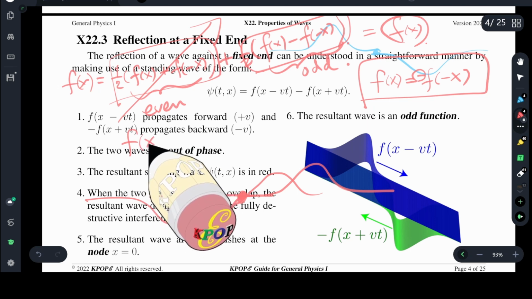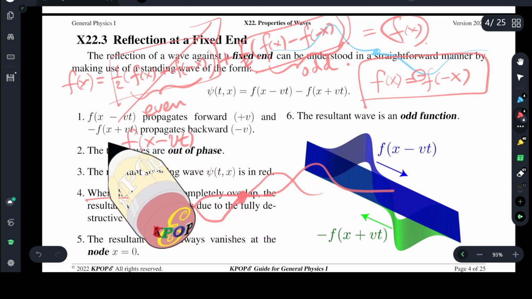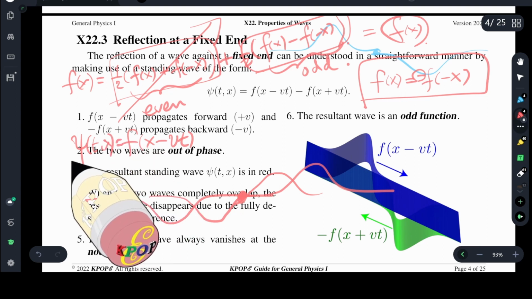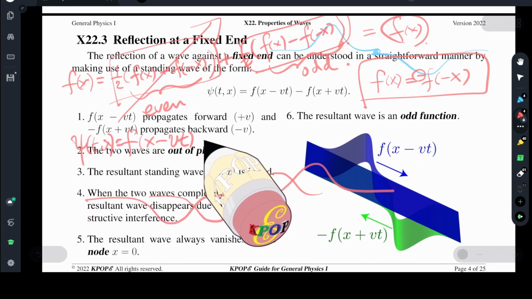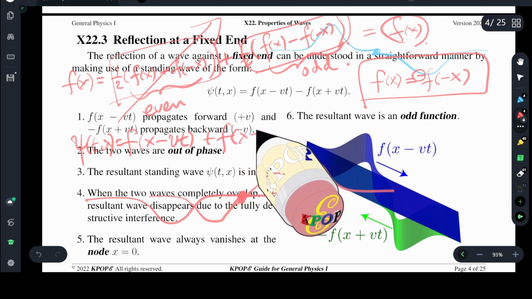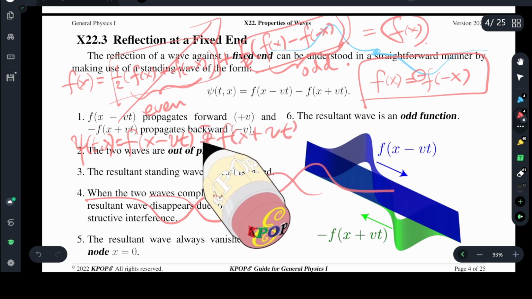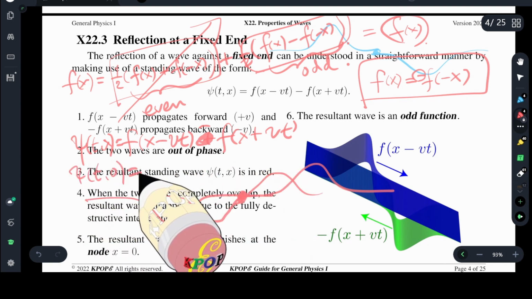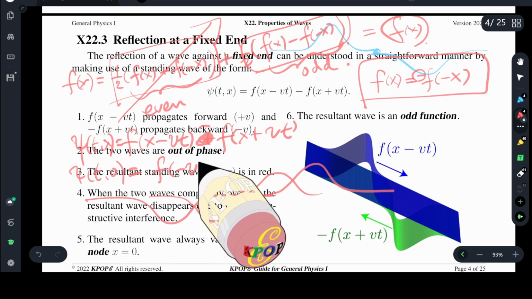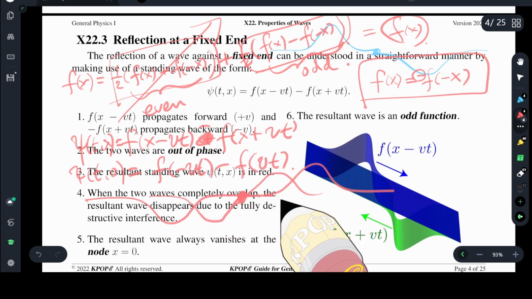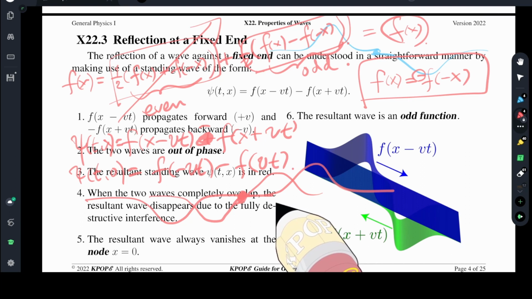The wave function psi of t and x equals f of x minus vt plus the negative f of x plus vt. If I substitute x equals 0, then we get vt and minus vt.